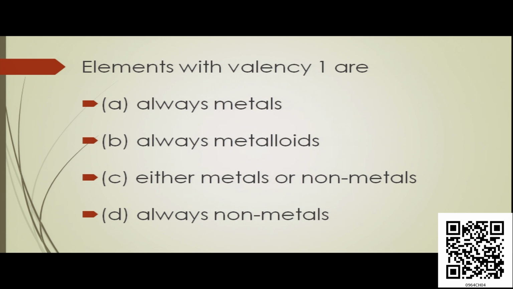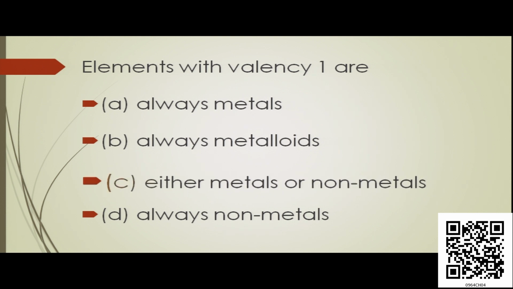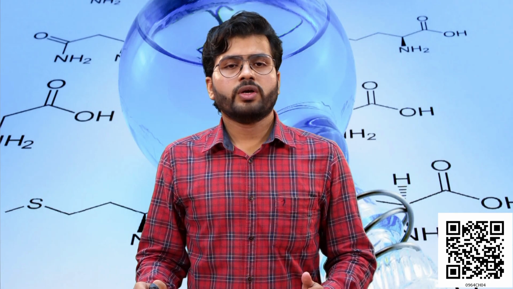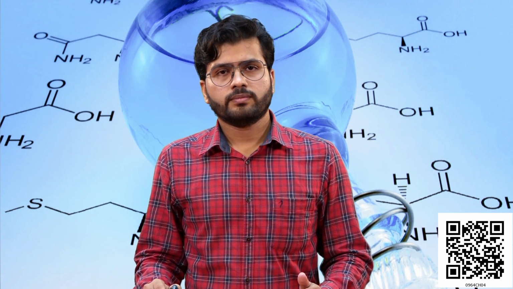Now if you try to recall, a metal like sodium has valency 1, and non-metals like chlorine also have valency 1. So if you correlate it, the answer will be option C: it can either be a metal or a non-metal.